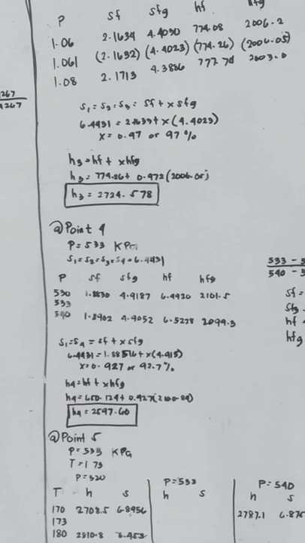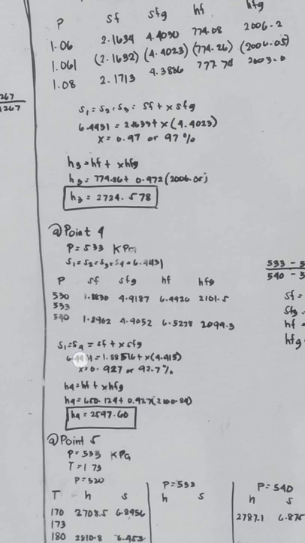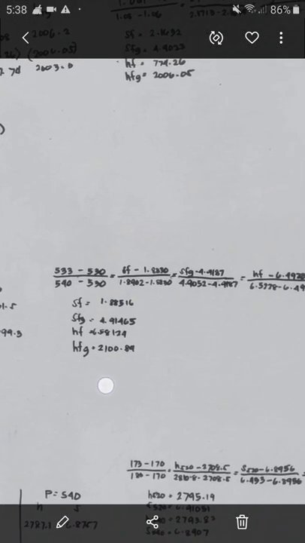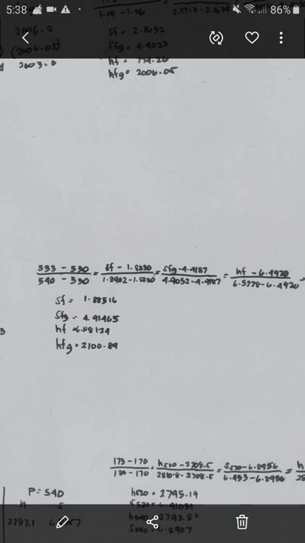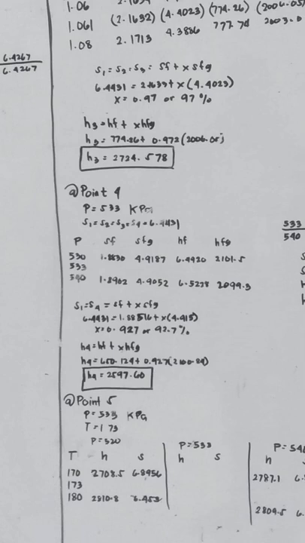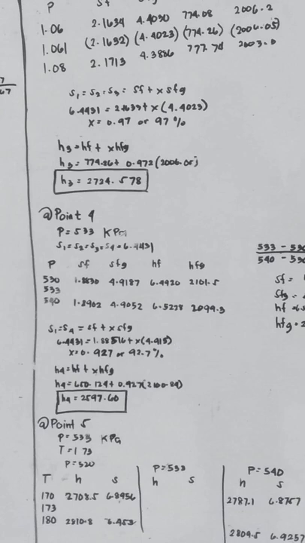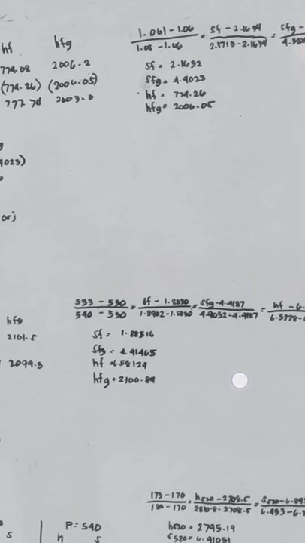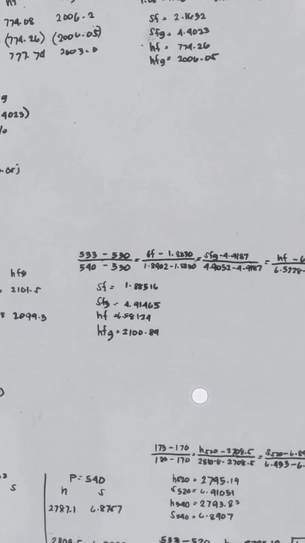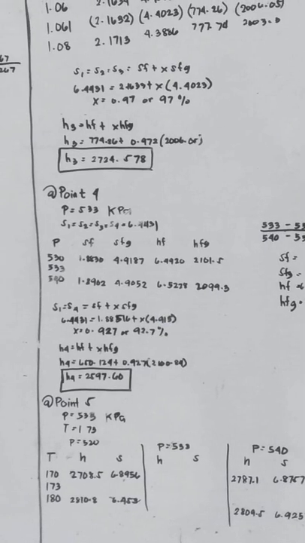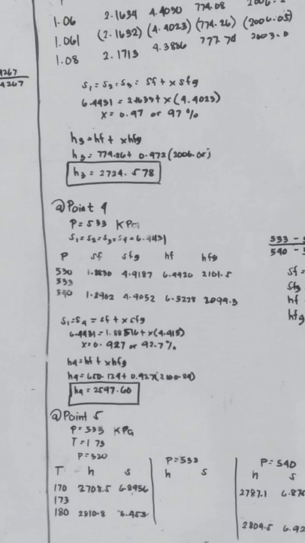S1 is equal to S4, so we substitute, and we have an SF of 1.88516 plus the quality x times SFG of 4.91465. We get x equal to 0.927, or 92.7%.